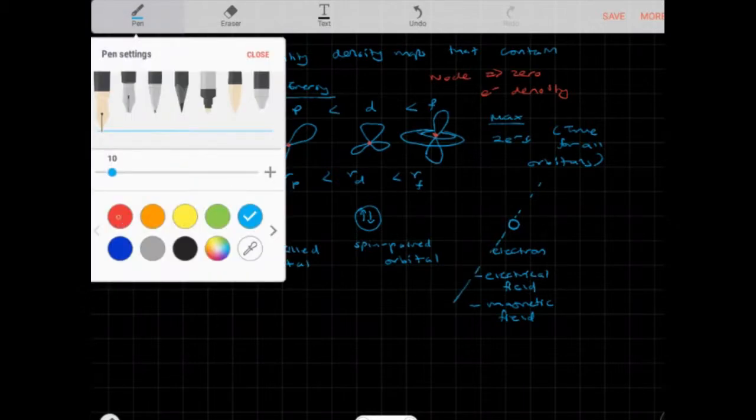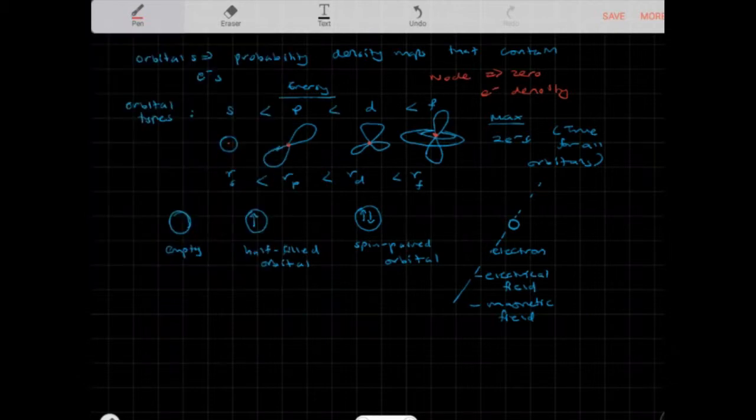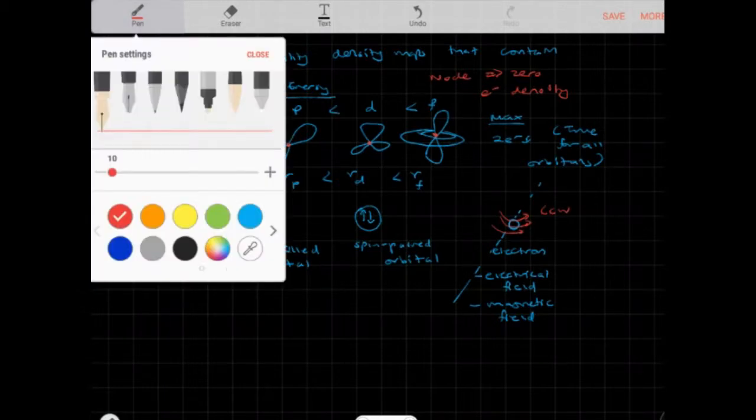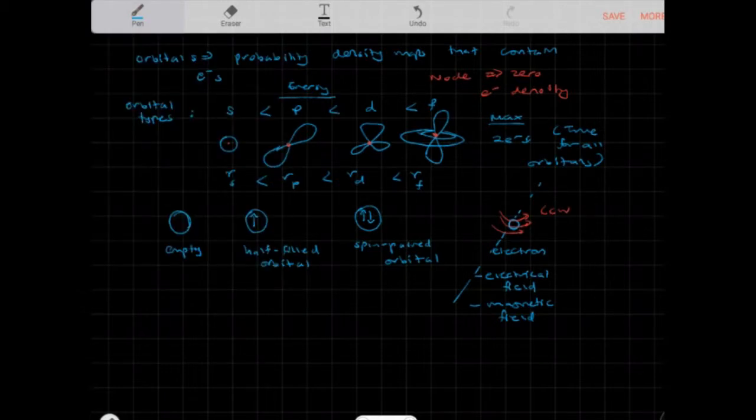So electrons can either spin counterclockwise, so the electron can spin this way, or electrons can spin clockwise. Okay, so the electrons can also spin this way. And when electrons spin in opposite directions, they create opposite magnetic fields, right? So the direction of spin will affect the magnetic field that it creates.